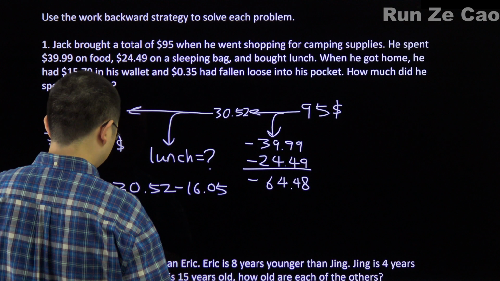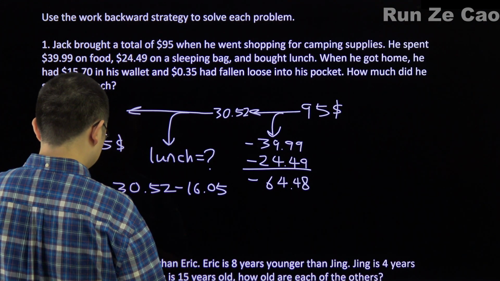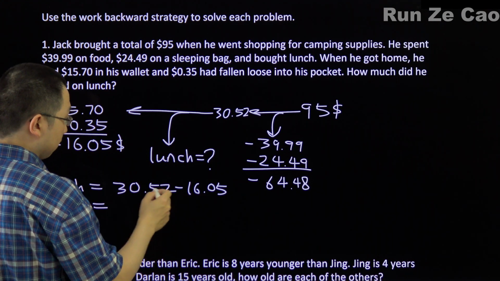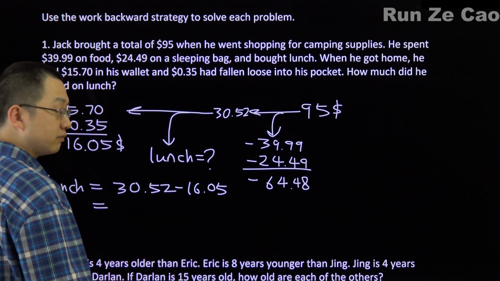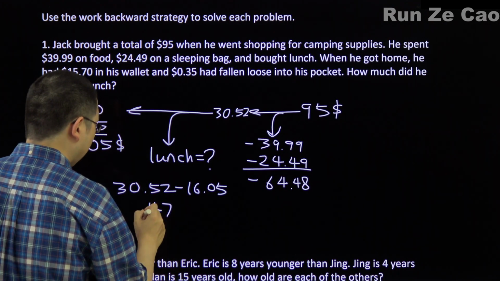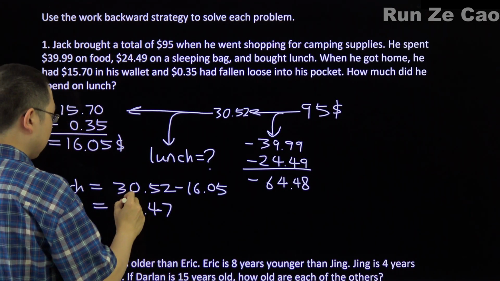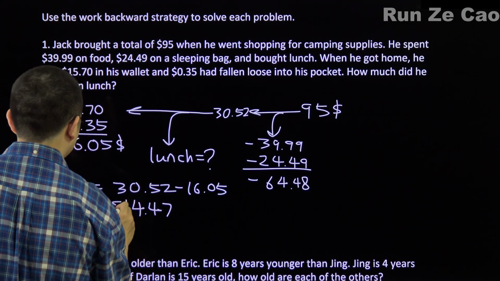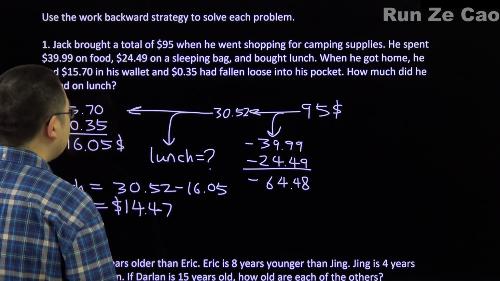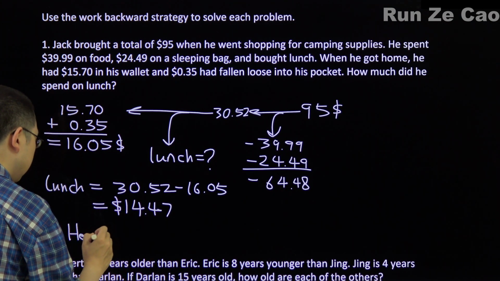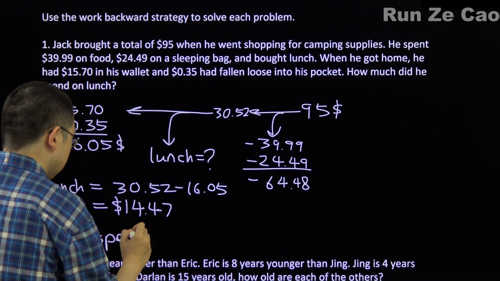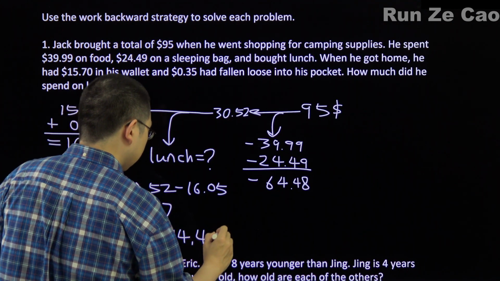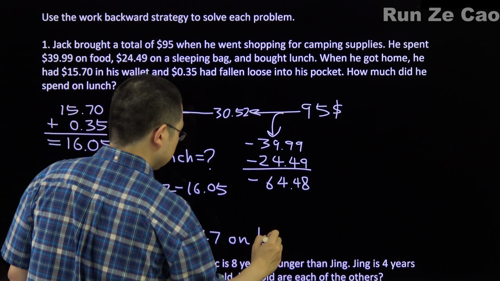So 30.52 minus, oh wait, why am I doing this? No need for a calculator, really, because 0.52 minus 0.05. I wonder what happens. Okay, that's 47. And then 30 minus 16 is just 14. So it's $14.47 for lunch. So he spent $14.47 on lunch.